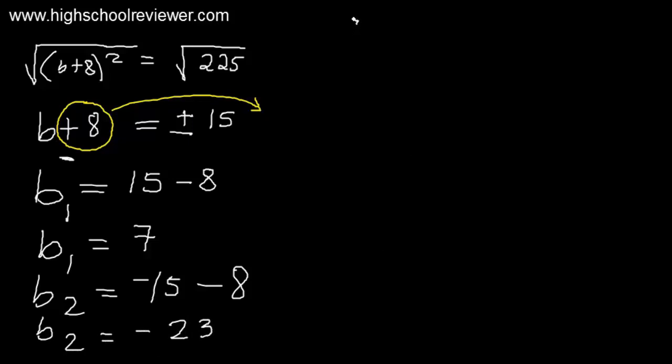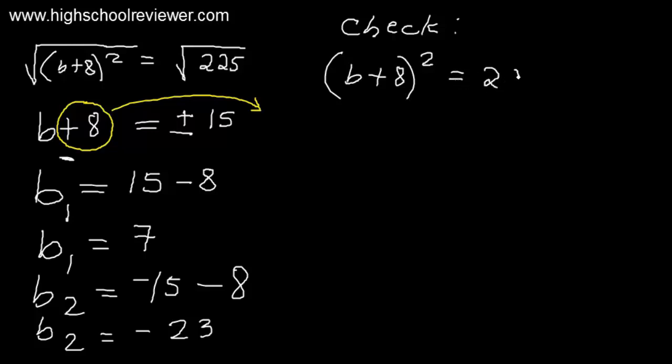Then let us check if our answers are correct. Our equation is b plus 8 raised to the power of 2 equals 225. For our first b, we have positive 7.